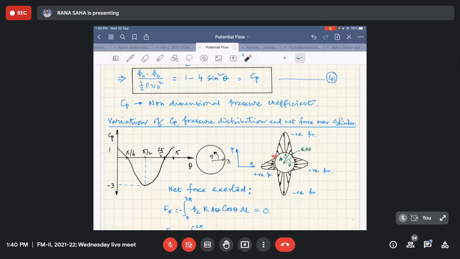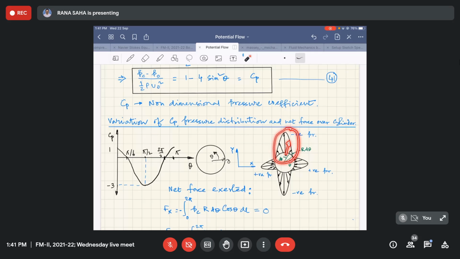And we can have two distinct zones. One is positive pressure zone, and that too is very symmetric about this particular circle as I have marked. So these two zones are positive pressure zone, and it is absolutely symmetric so that they are going to nullify each other.